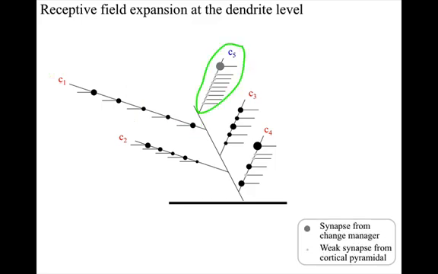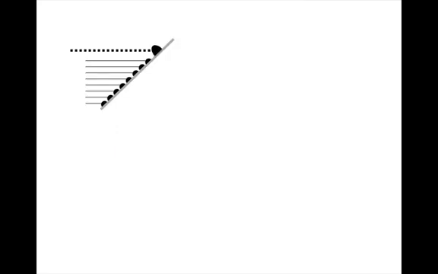But now think about the new branch labelled C5. The synaptic weights of inputs to this branch from within the column are all very small, but it also has an input from the change manager, which is large. How does this help? Well, consider that branch. The size of the synapses indicate their weight. The weights of the synapses that would define the branch condition are very small, although the synapse from the change manager is much stronger.